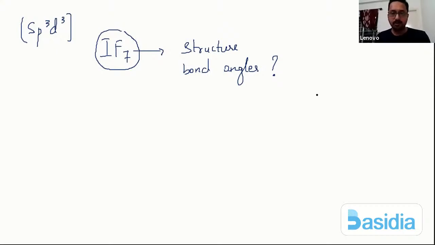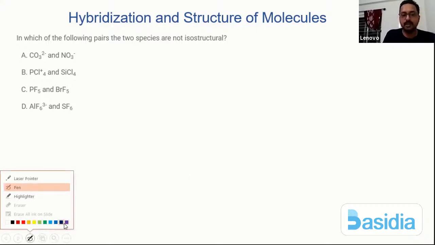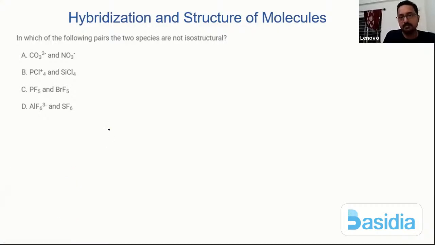Let us now try to solve one or two problems. As usual, I will always give you 30 seconds to solve, and your time starts now. In which of the following pairs are the two species not isostructural? You find there is a new word here. We have already come across isoelectronic, and now we are coming across isostructural.